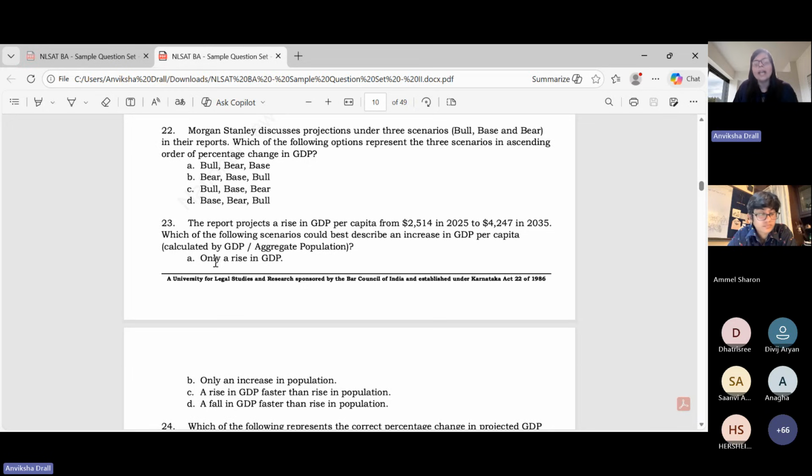So only a rise in GDP is incomplete information. You cannot comment on the entire change in the GDP per capita on the basis of only one variable. So the more apt choice in this case is C. With regard to MCQ, you have to choose the best possible answer.